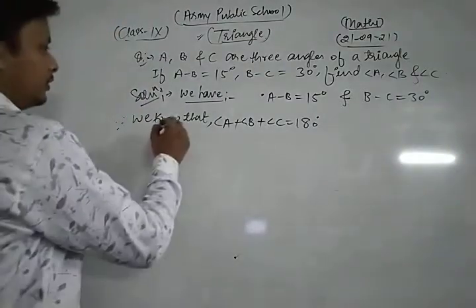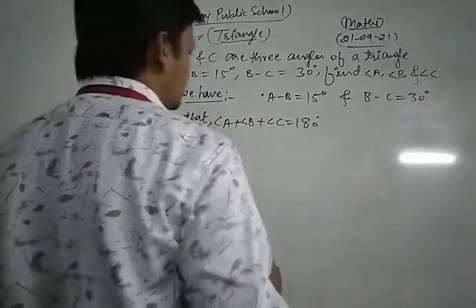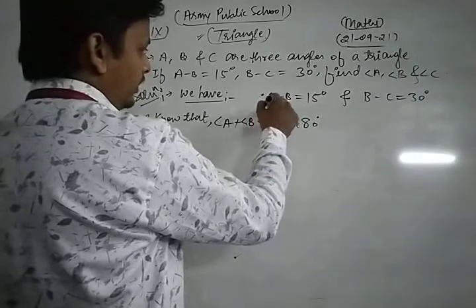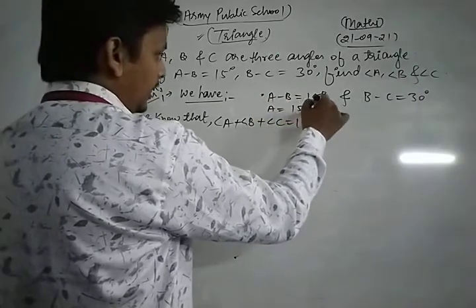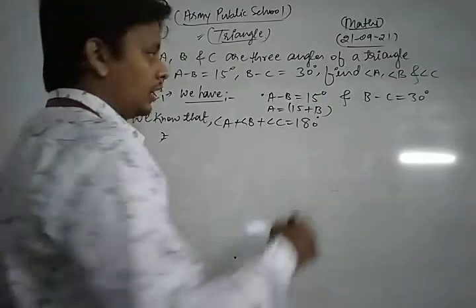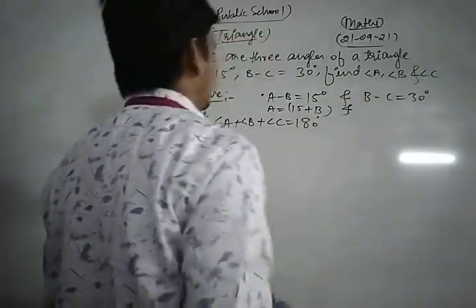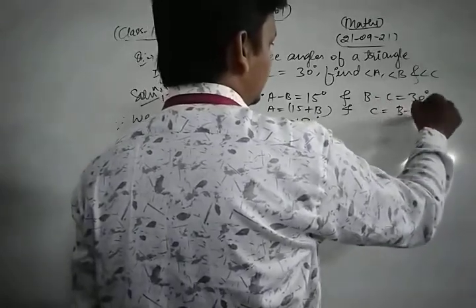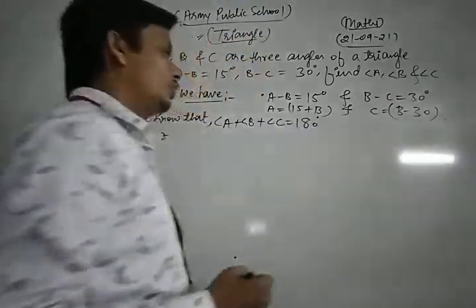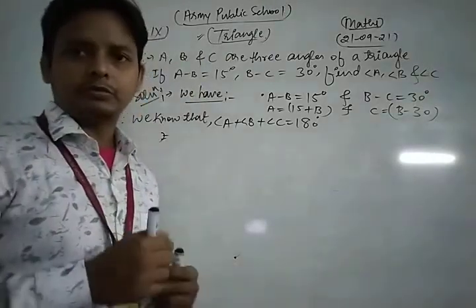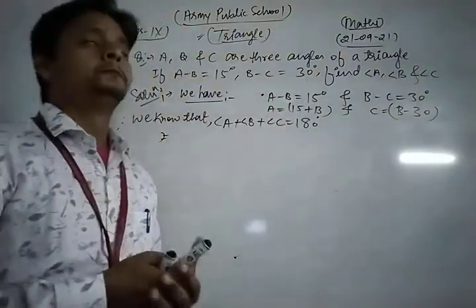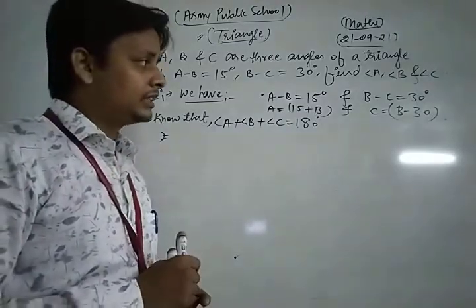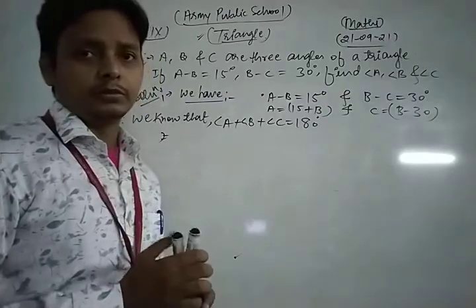Now from there we can write A in terms of B as 15 plus angle B, and angle C we can write as B minus 30. So from the given values, we express angle A and angle C in terms of angle B.